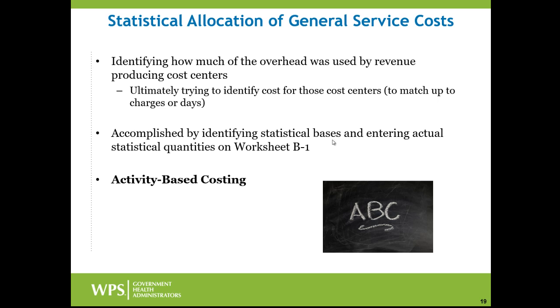So we identify the statistical base, we enter the actual statistical quantities, like the number of square feet each department uses out of the total square feet, the number of pounds of laundry each department uses out of the total pounds of laundry. These all go into worksheet B-1.